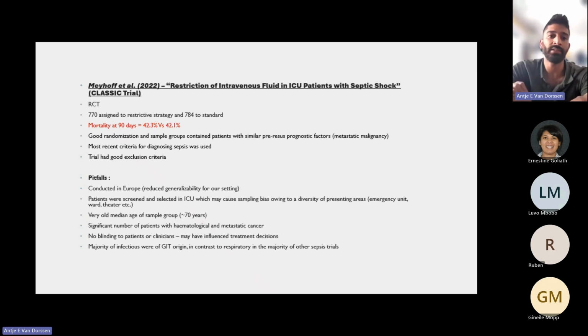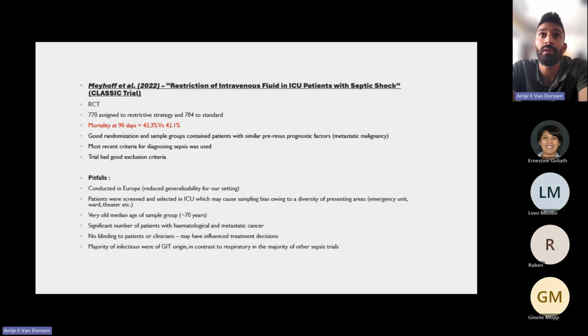Sample groups contained patients with similar pre-resus prognostic factors, for instance, equivalent patients with metastatic malignancy and hematological cancers as well. And they also used the most recent criteria for diagnosing sepsis. And there was also quite good exclusion criteria.